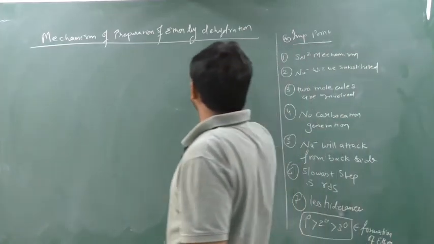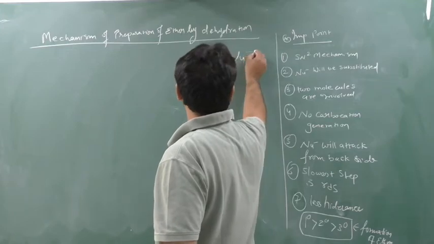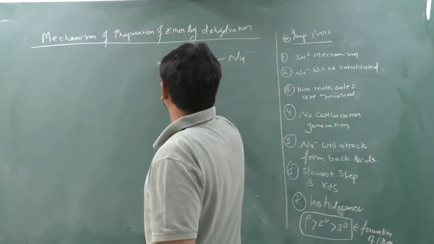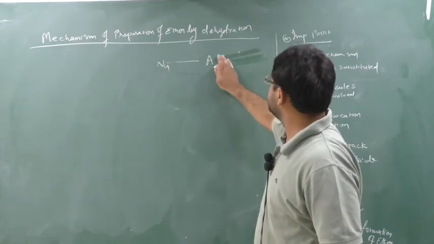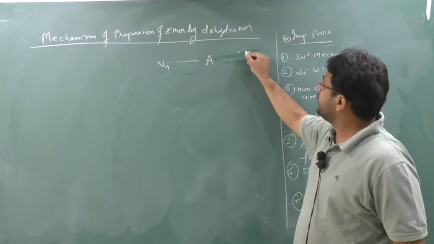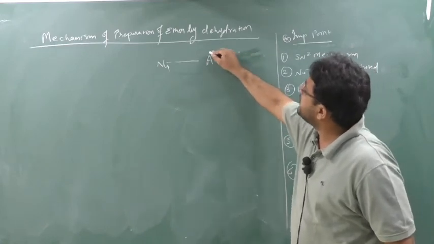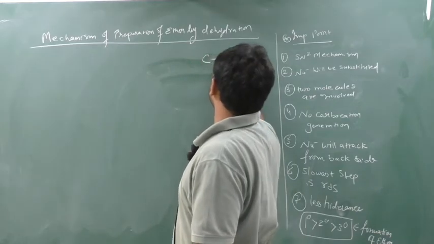See, for example, this is one substrate which has a leaving group. As this group goes, from the backside one nucleophile will come. This group, while going, will not allow positive charge to generate on this carbon. Suppose this is a carbon and it is associated with this group.